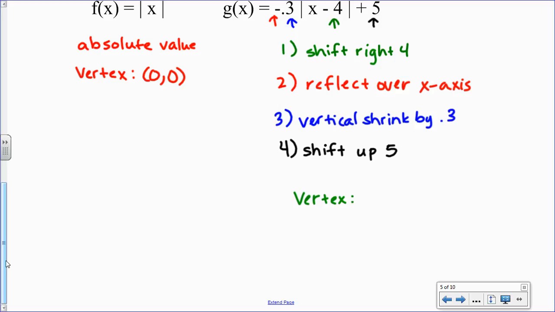The reflections don't change it, and the stretch and shrink does not change it. So your vertex is just affected by your shifts. So if you went right 4 and up 5, that means your new vertex is 4, 5.